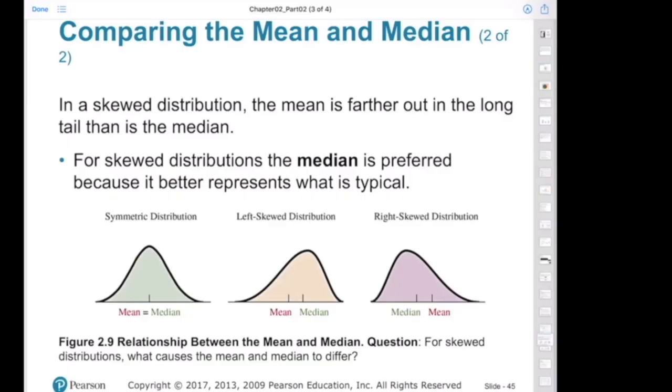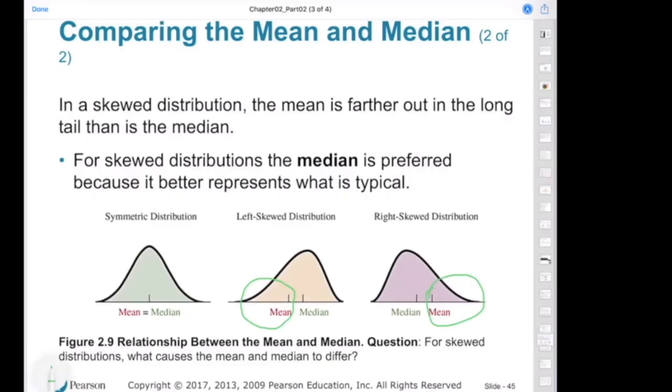Look at the median and the mean in the skewed distribution. You can see the mean is always close to the outliers, right?